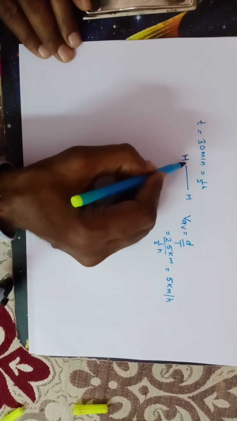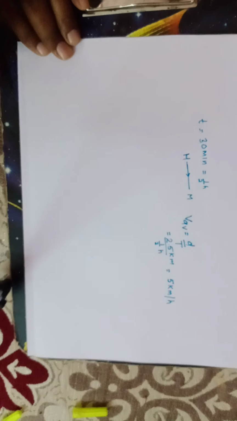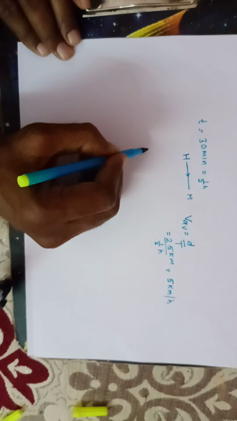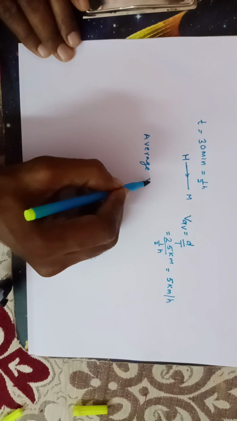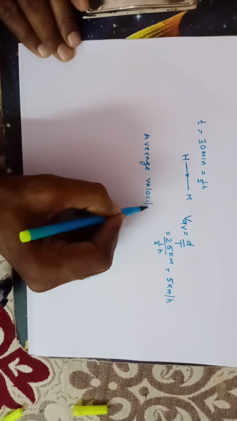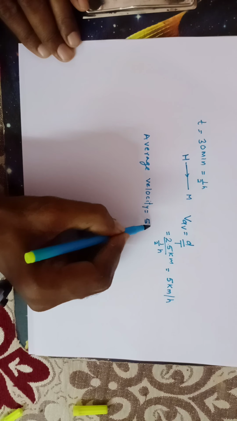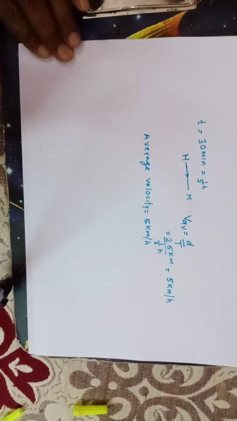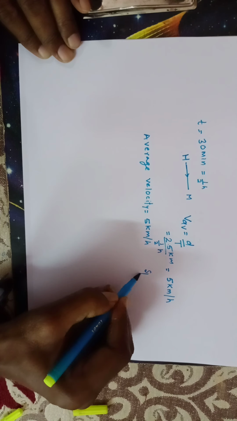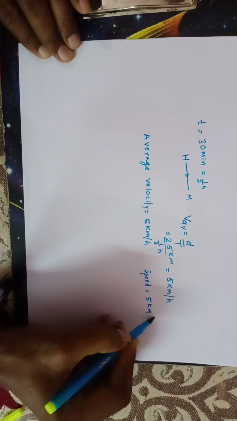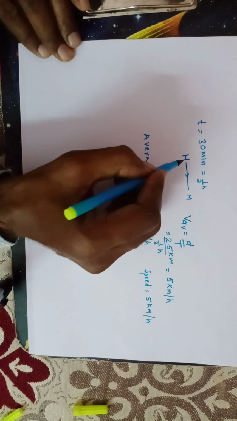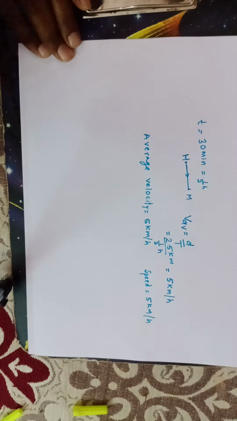Now home to market is 2.5 km. So for 0 to 30 minutes, average velocity will be 5 km per hour and average speed also 5 km per hour. It will also be 5 km per hour because distance and displacement are the same here.